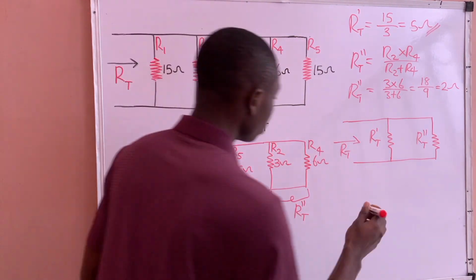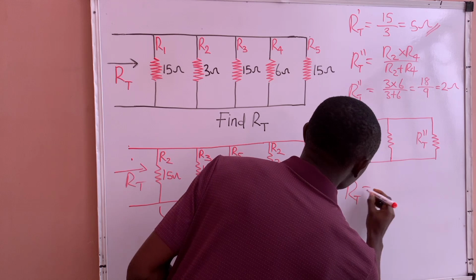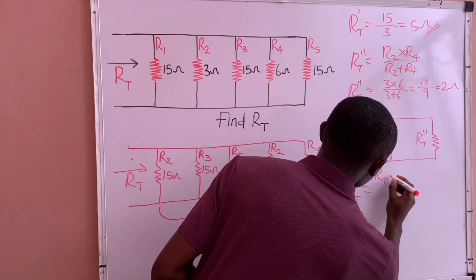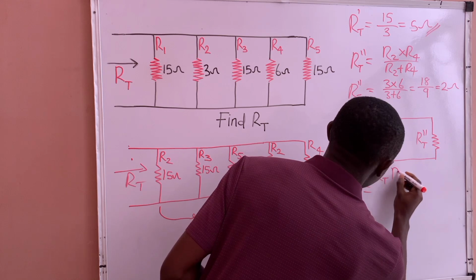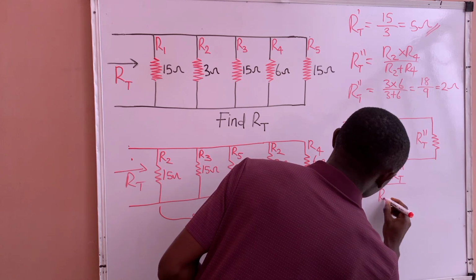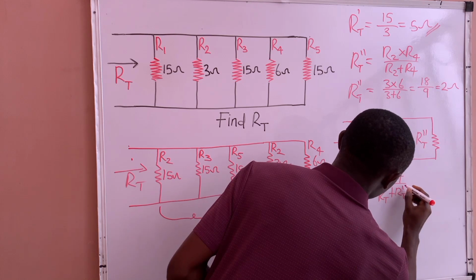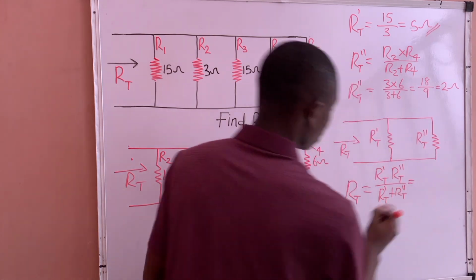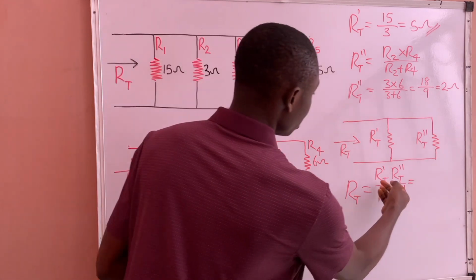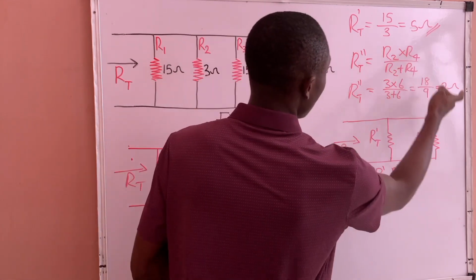We will now have the total resistance of the circuit equal to RT prime times RT prime, all over RT prime plus RT prime. So now let us substitute the values of these resistive elements into this word equation, which are 5 and 2.